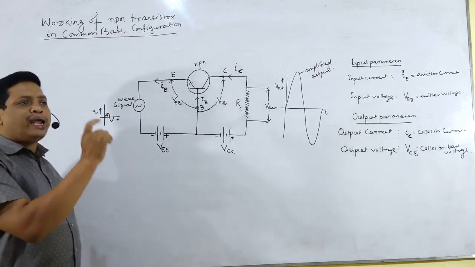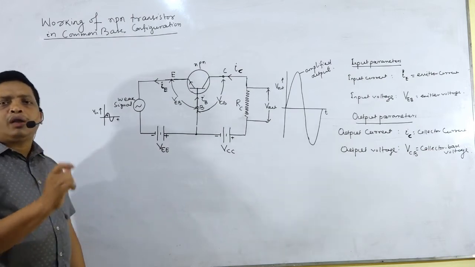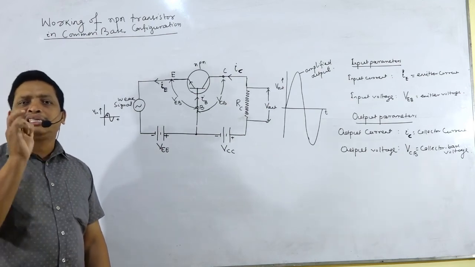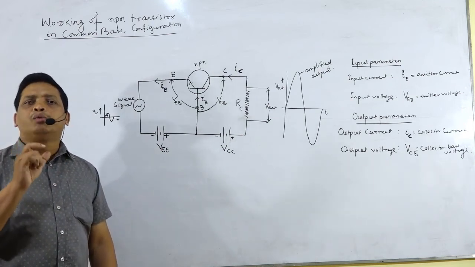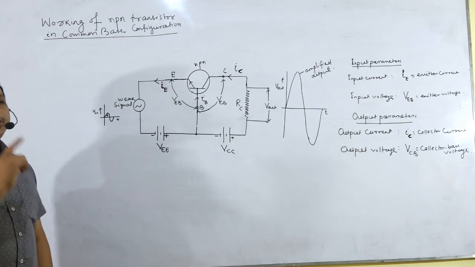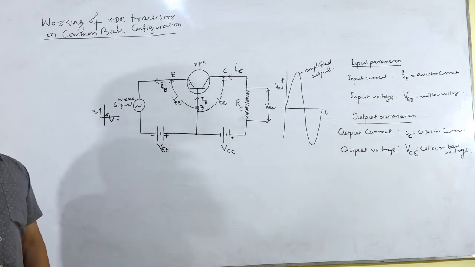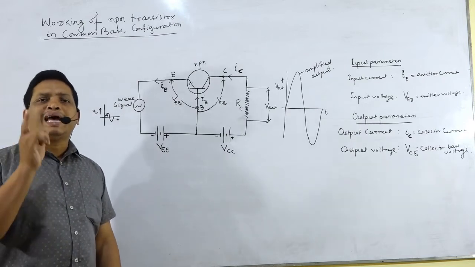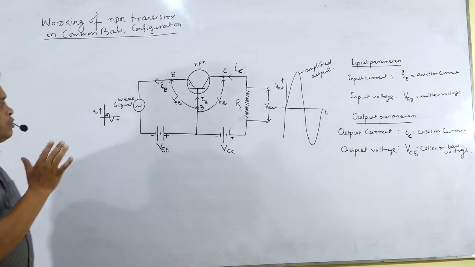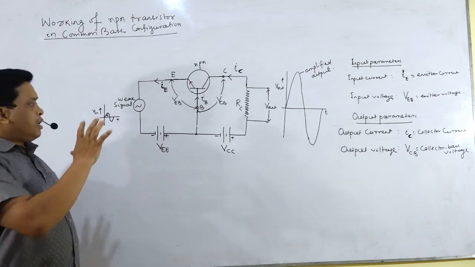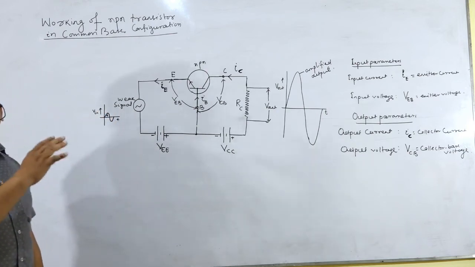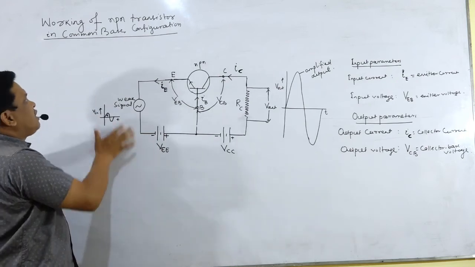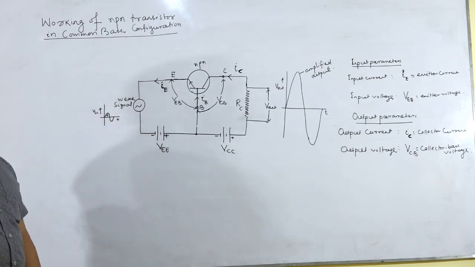When we are drawing for input, it is called input characteristic, and the plural is input characteristics. That means we are drawing more than one graph. If we are drawing a single graph, then that is called characteristic. So we are going to discuss the input characteristics and output characteristics of the transistor under common base configuration.